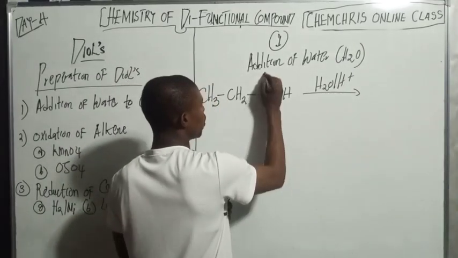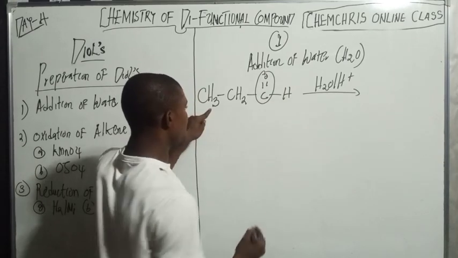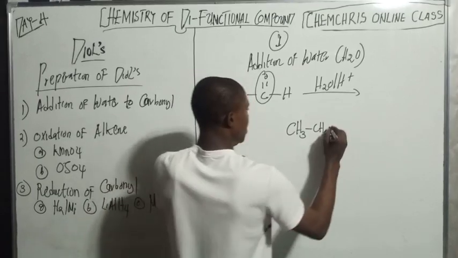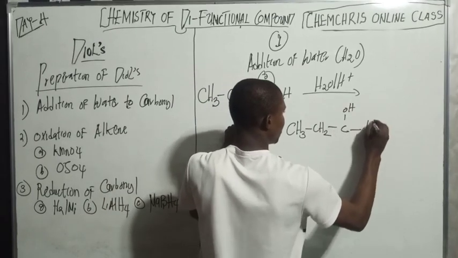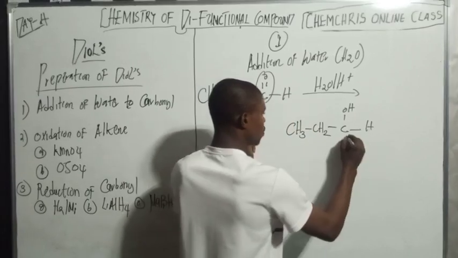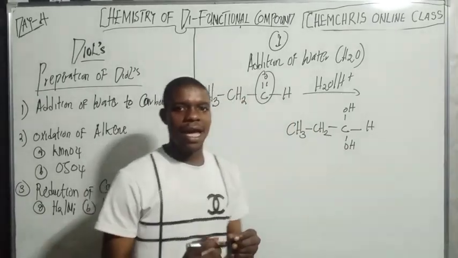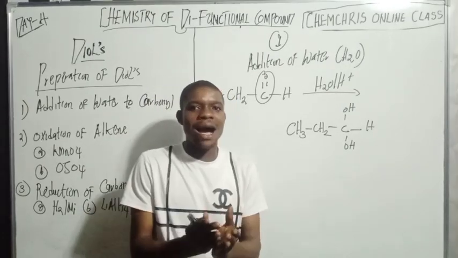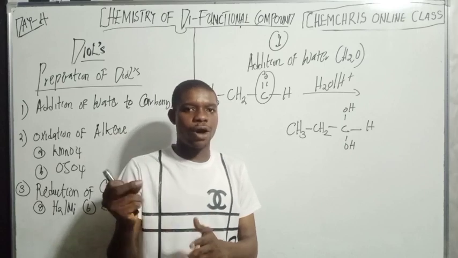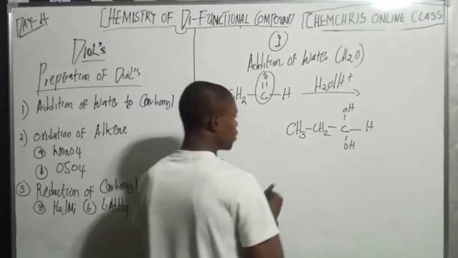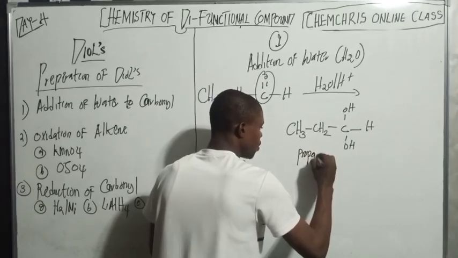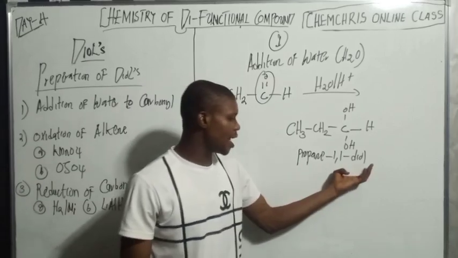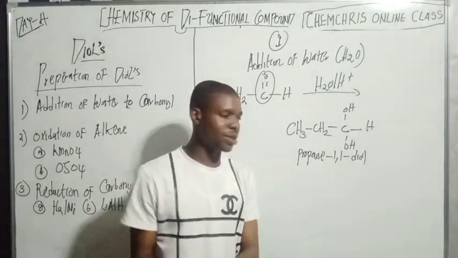The addition will occur here, so we have CH3, CH2, then C with OH, OH, and a hydrogen. Don't forget, anytime you are giving the product, the name must be included. That is the reason I taught you the nomenclature of diols. The name of this one here is going to be propane-1,1-diol.